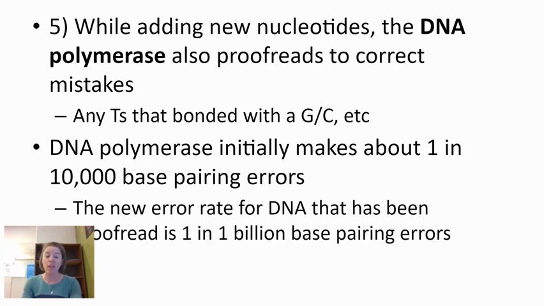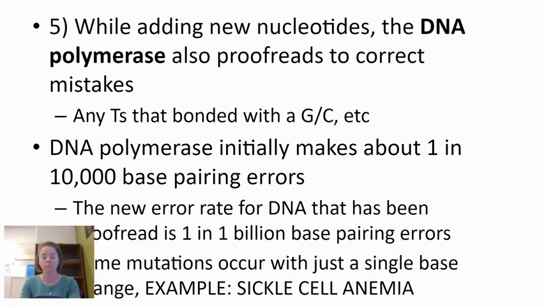So thank goodness it comes with its own proofreader, kind of like you're your own proofreader before you turn in an essay, I hope. And so it takes that down to like 1 in a billion. So we went from 1 in 10,000 to 1 in a billion. It really does a very good job of editing itself and making sure that there are no mistakes in there. I mean, it's not perfect, but it's okay. 1 base can be a pretty big deal.